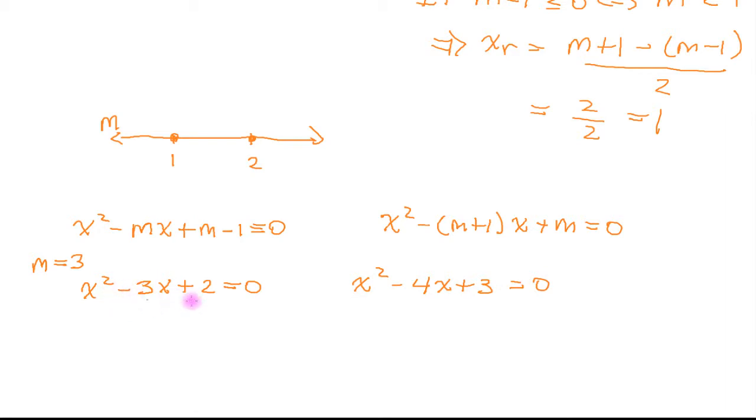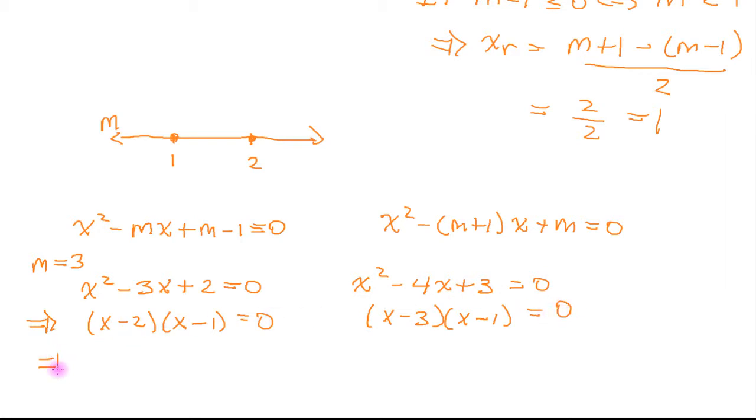Now, how does this factorize? Well, this factors as x minus 2 times x minus 1, equal to 0. This one factorizes as x minus 3 and x minus 1 equal to 0.